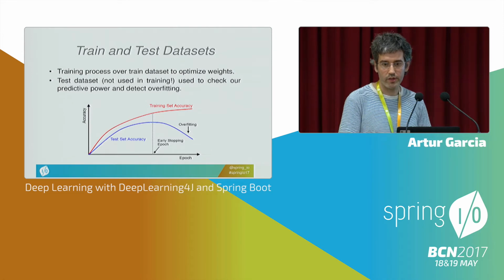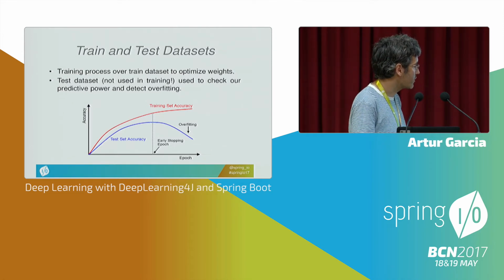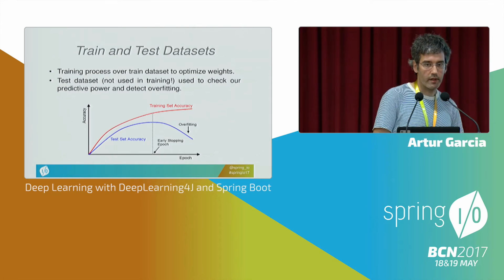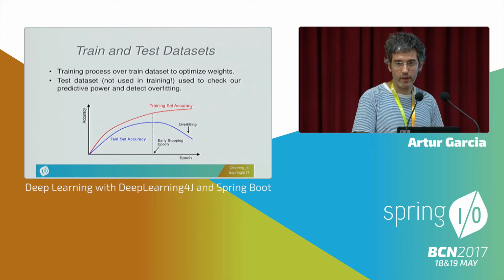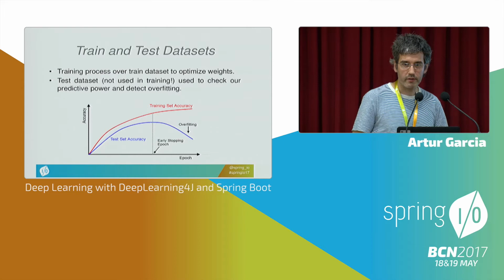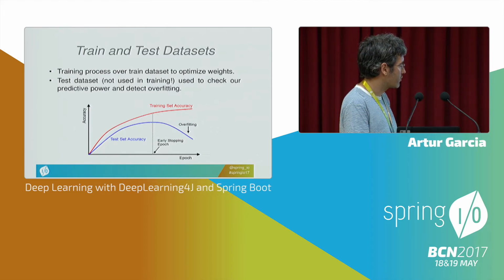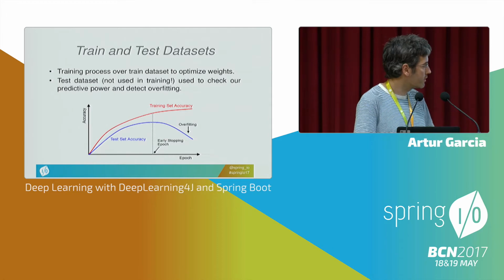When you evaluate your accuracy on the training, you will see that it's always improving. But when you compare with the test set that you are not using for the training, there may be a point where you are losing the generalization power of your network, and you are getting overfitting. So for a really large data set, you may always be around here, but for a small data set, you may be perfectly here. What it means is just you are very good at predicting what you already know.